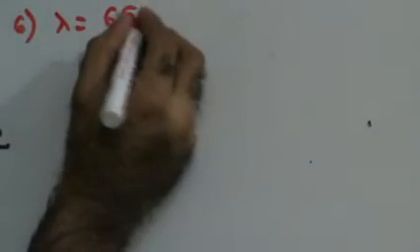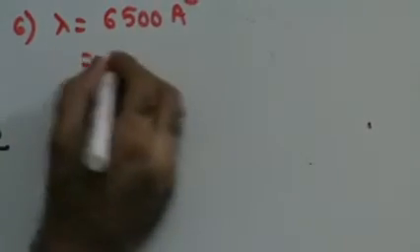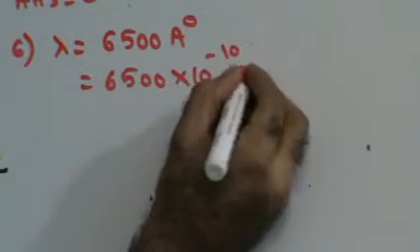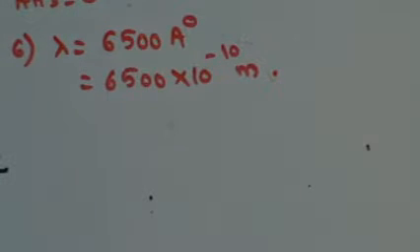Take our next sum, please. In biprism experiment, light of wavelength 6500 Angstrom units is used.